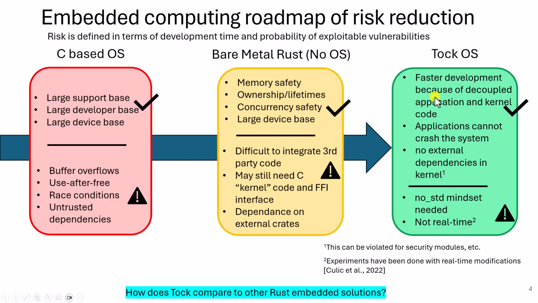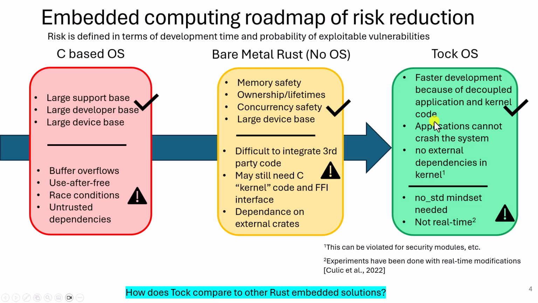So if there does need to be a patch for exploitable vulnerabilities in application code, that can be done without having to also update the kernel code, which means that it's easier to release, and that also reduces development time.